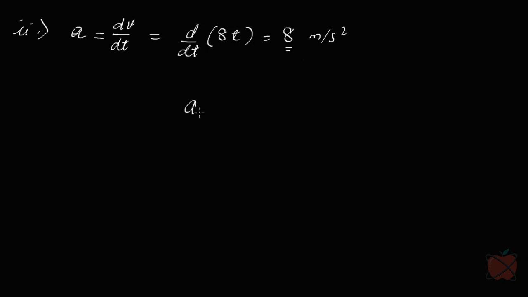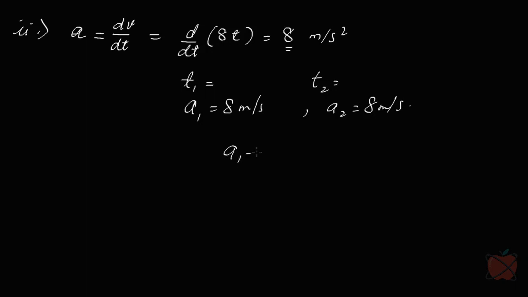So if a1 is 8, constant means what? Means the acceleration doesn't change, right? So let's say at a particular time t1, it can be any value, the acceleration is 8 meter per second square, and at a second time t2, the acceleration is again 8 meter per second square. Then what will be the average?